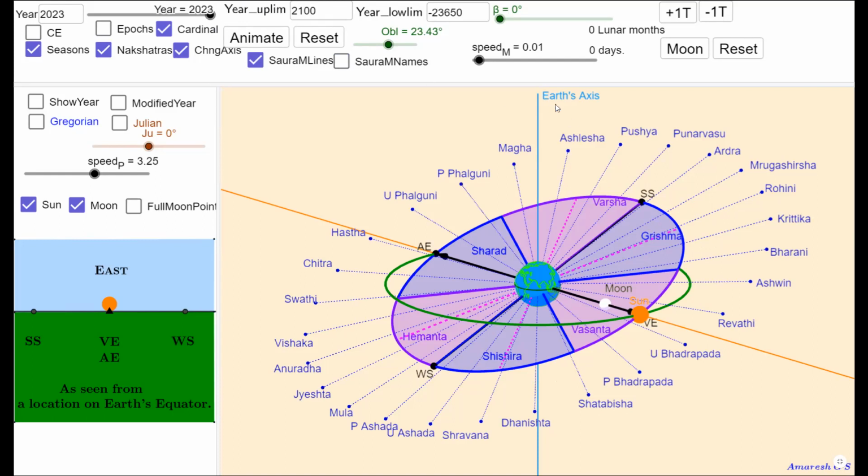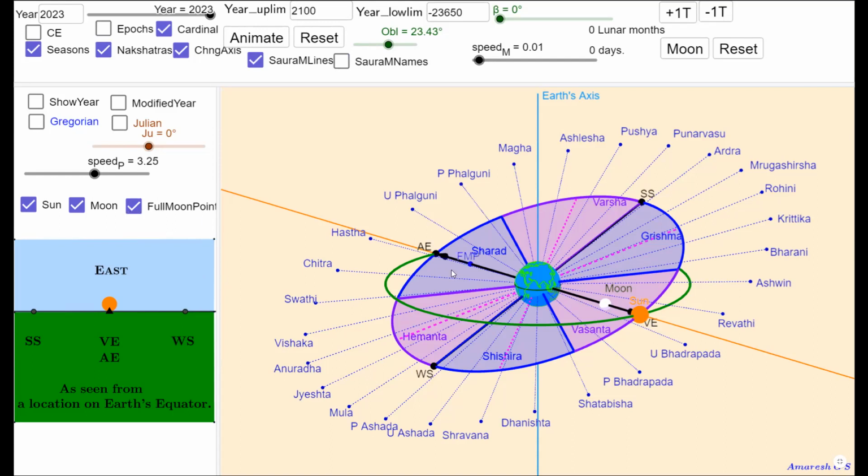Now, how do we name the lunar months? This is how we do it. In the Amanta system, or even any system for that matter, we note down the position of the full moon. So this is the day of Amavasya. The position of the full moon would be exactly opposite of the sun. So Earth would be in between the moon and the sun, and that's the position of the full moon.